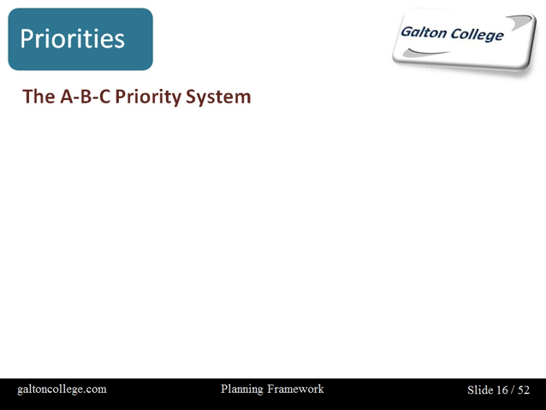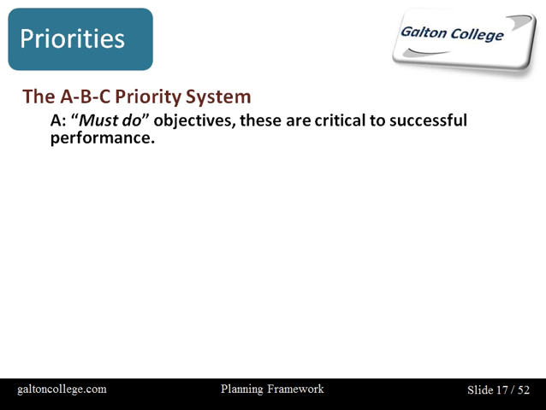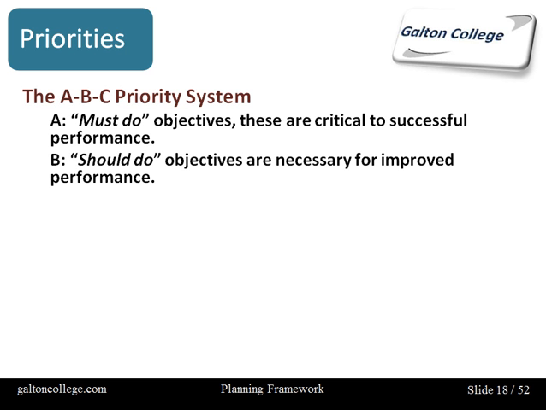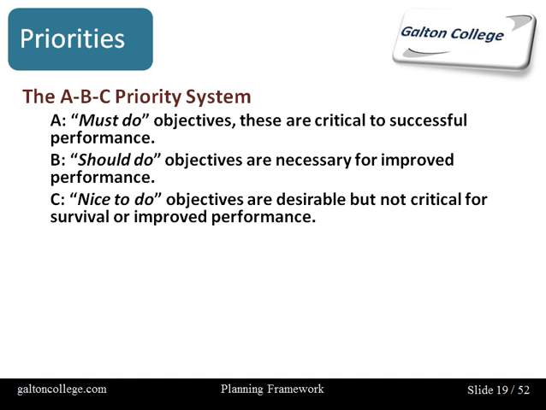There's something called the ABC priority system. A is must-do objectives. These are critical to success or to a successful performance. So A is must-do. B, should do. They're necessary for improved performance. So they improve what is already there.